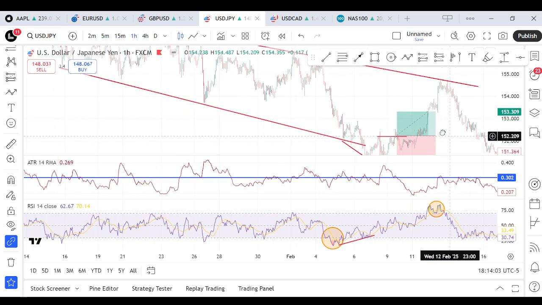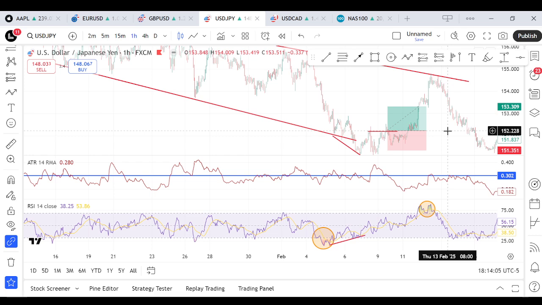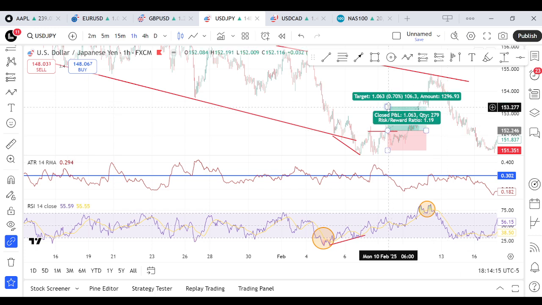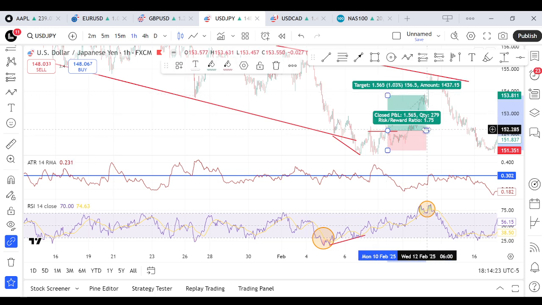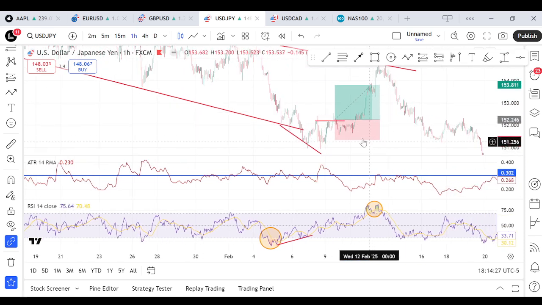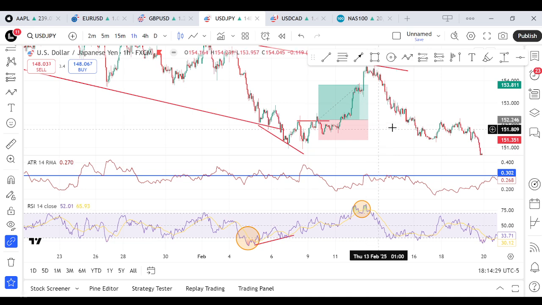And for our take profits, we'll be using 5 or 6. I like to use 5 times ATR, and we're looking at 5 times 0.302, so we'll have 1.51. So adjusting this to 1.5, we have it here, and this is a 1:1.75 risk to reward ratio, and that's how I would have been able to take this trade.